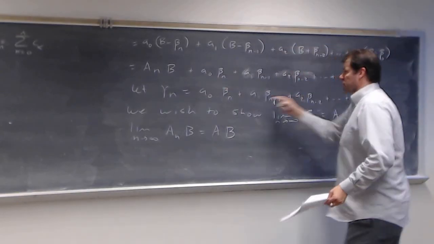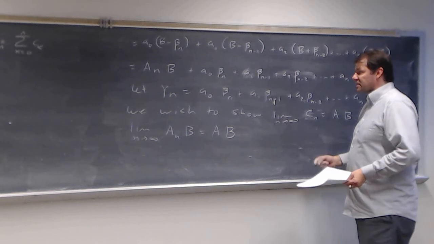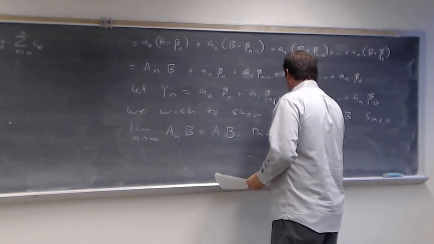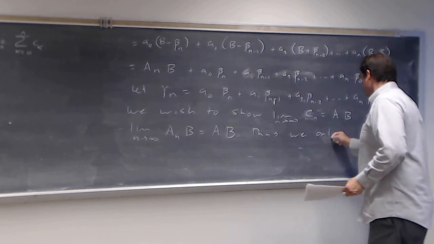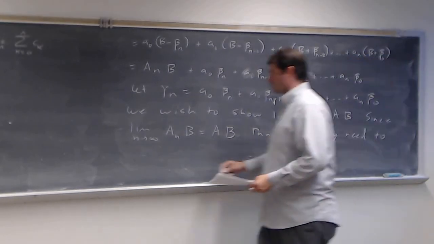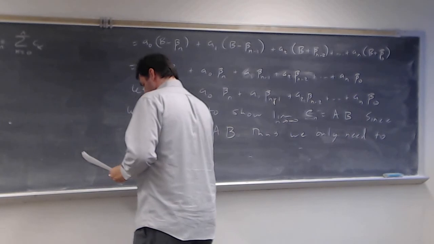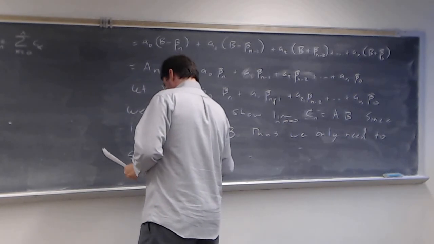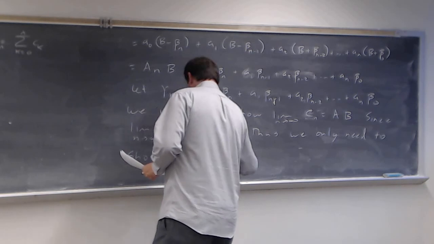So the rest of it, which we call gamma sub n, needs to go to 0. Thus, we only need to show that the limit as n goes to infinity of the gamma sub n equals 0. So that's my goal.